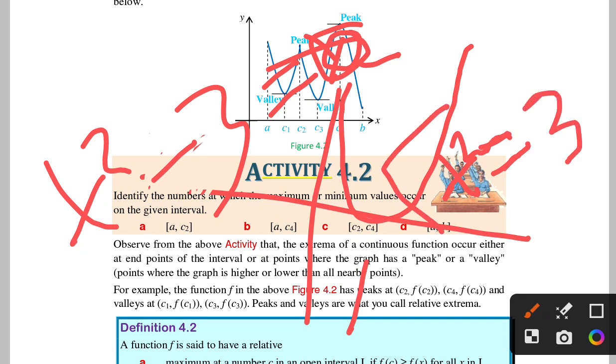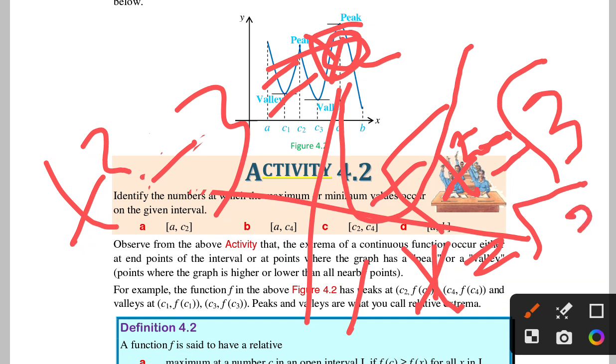Under radical, x square cancels out by x, equal to under radical of x square, positive or negative.